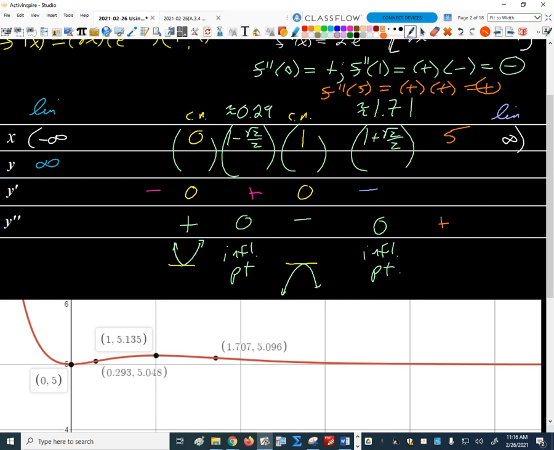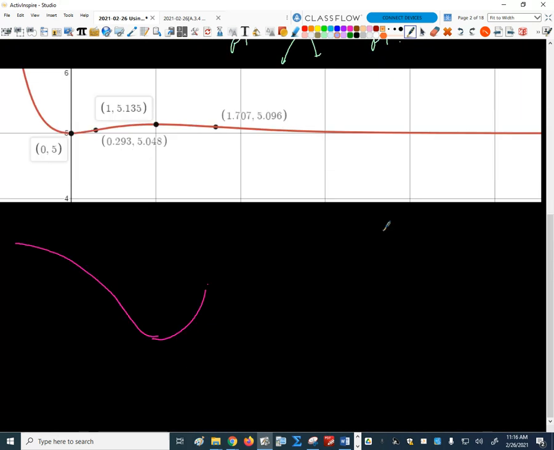We've got a decreasing function that's concave up. What does that look like? If it's a decreasing function that's concave up, doesn't that have to amount to something like that? Everybody agree?